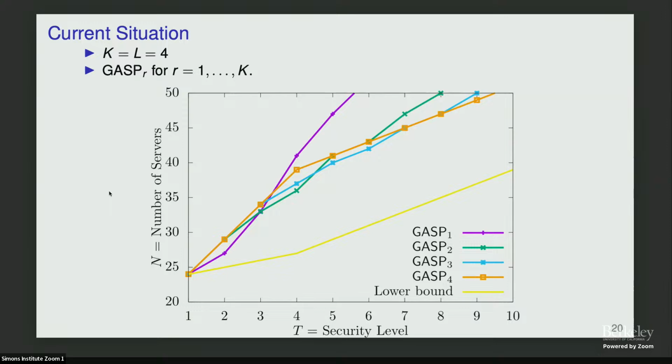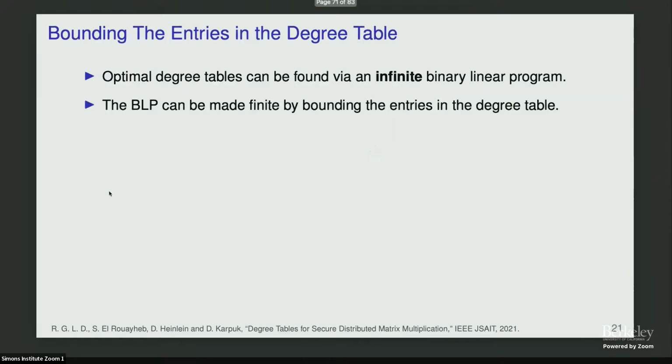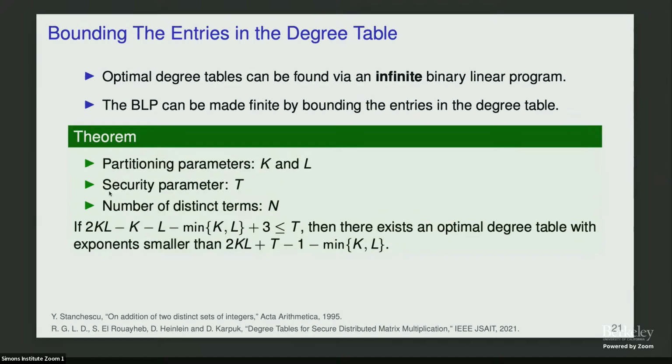The bound is not tight, because we also have results where you can transform the problem into a binary linear program type search problem, but it's infinite because potentially the numbers you could choose could be infinite. But for certain cases, we can actually show that the optimal one is not going to be some infinitely large one.